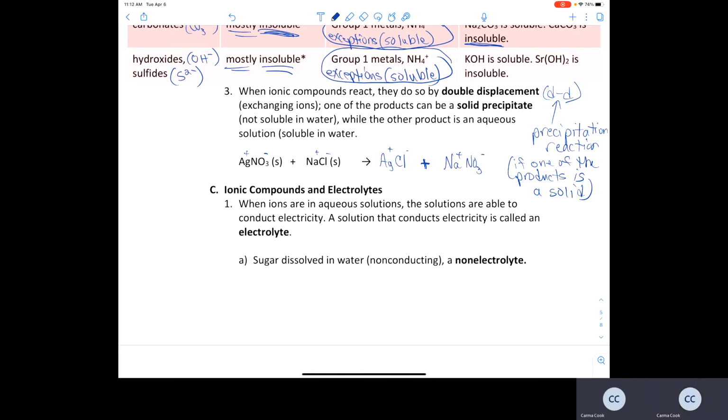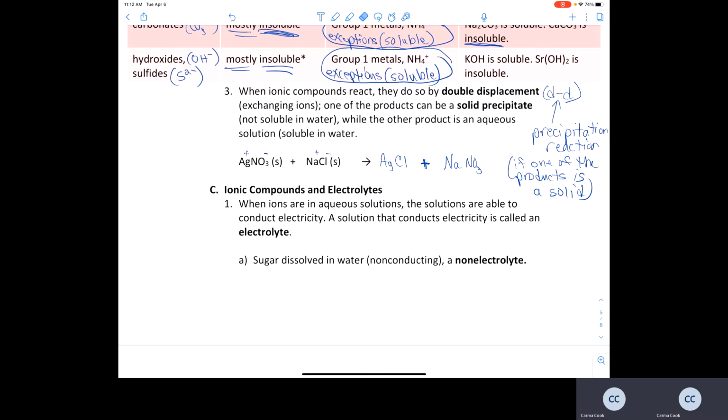The plus and the -1 ion charges on the silver and the chloride cancel each other out. So I wrote that formula correctly. The sodium +1 charge gets canceled out by the nitrate's -1 charge. So I wrote that formula correctly as well. So now that I've written my formulas, I can remove the charges.